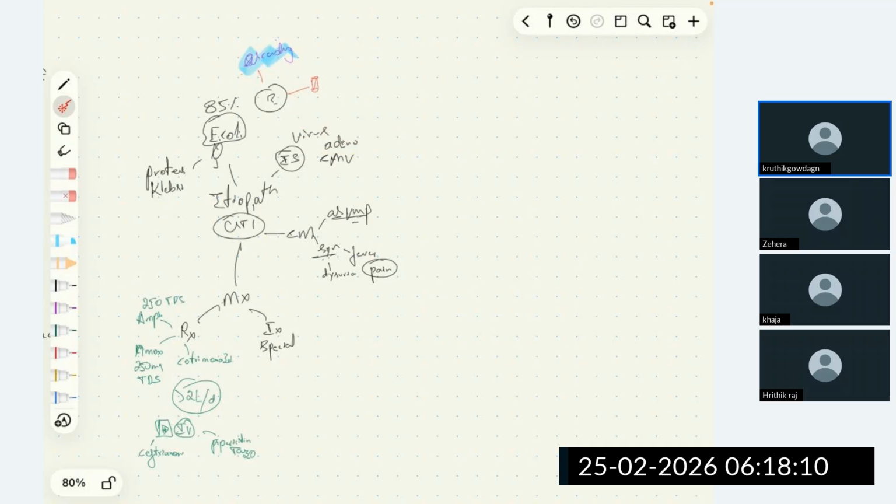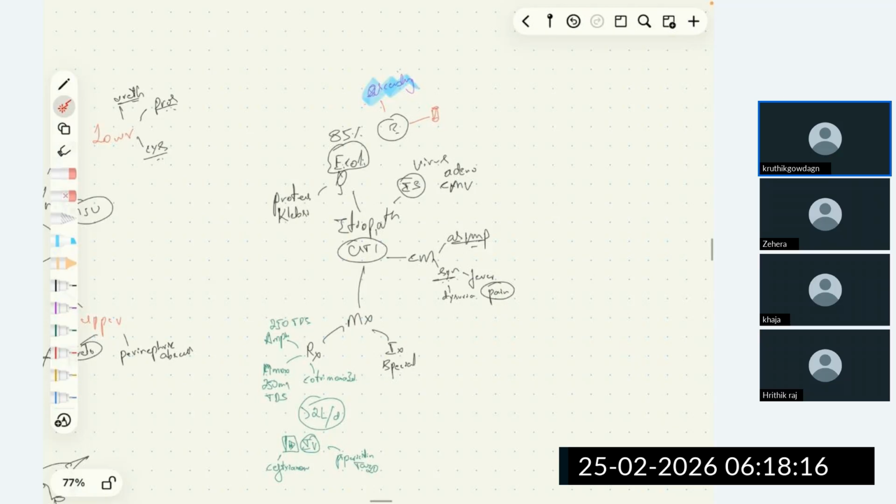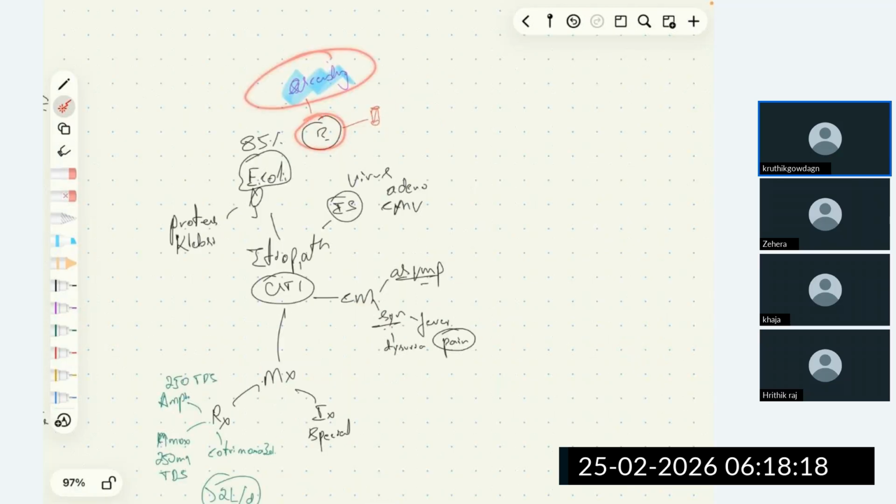Now, how do these organisms reach the urinary tract? Most commonly, they reach by the ascending route. We discussed this while discussing acute pyelonephritis.